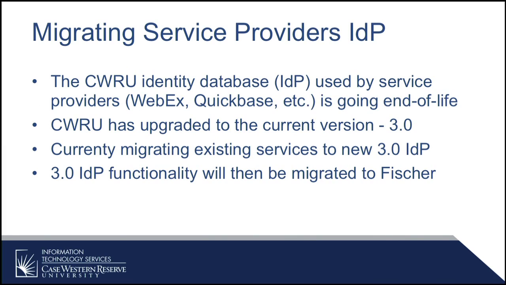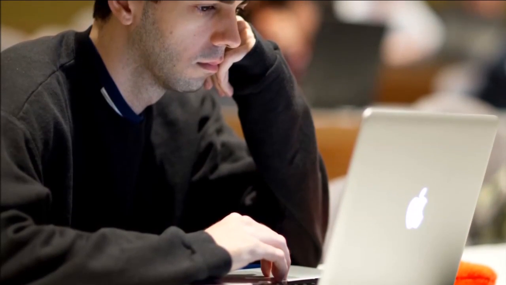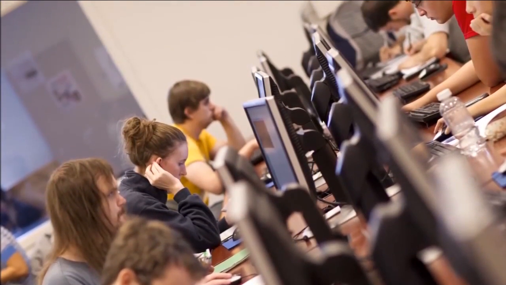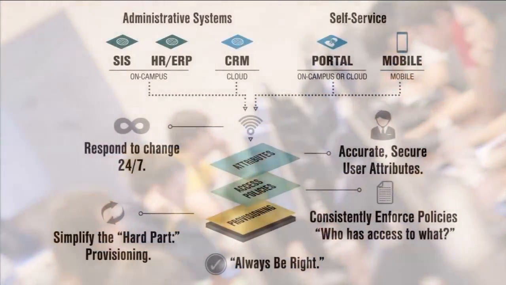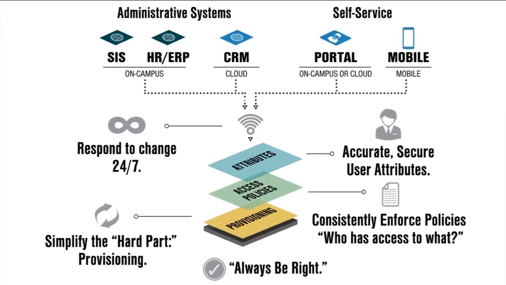We had to upgrade the environment from the older version to the new 3.0 version, and we're using the 3.0 version now for more and more of the systems that the university is interoperating with. When we get all of those onto the 3.0 platform, then we're ready to move them to Fischer.